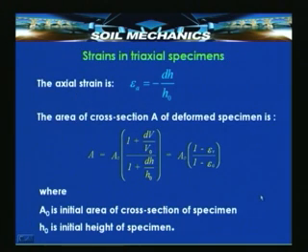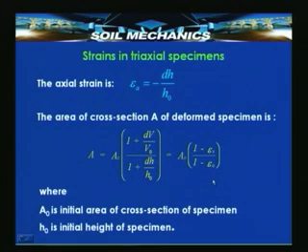On the other hand, the axial strain, epsilon A, will be the change in the vertical height of the specimen divided by its original height. Since on vertical compression the area of cross section of the specimen increases as the specimen gets compressed and its diameter increases, the new area of cross section, which will tell us the new stress state, will be given by this expression.